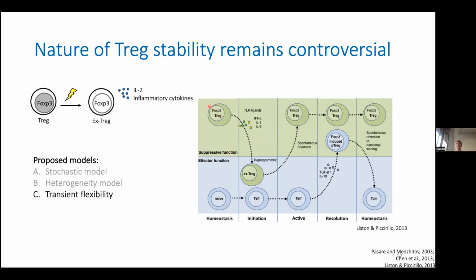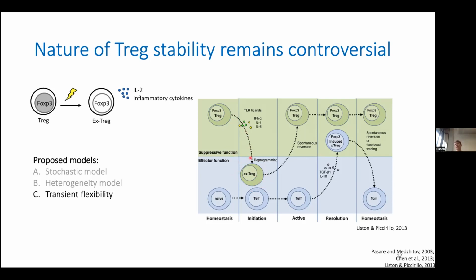The transient flexibility model for Treg suggests that, very locally, FOXP3 Treg during the mounting of the immune response can lose FOXP3 expression, but keep the fate memory. That would also imply that they keep the epigenetic profile.